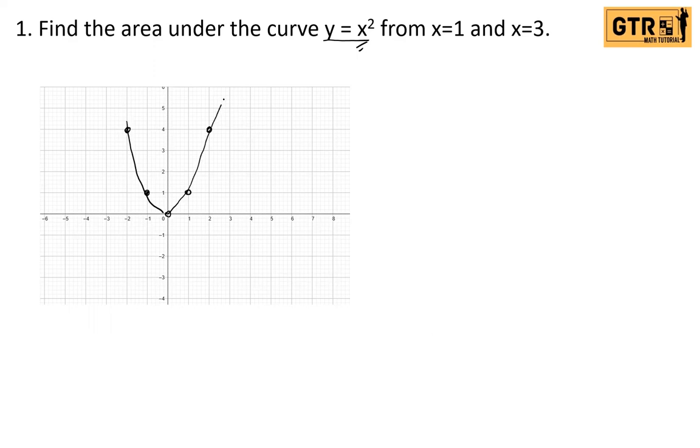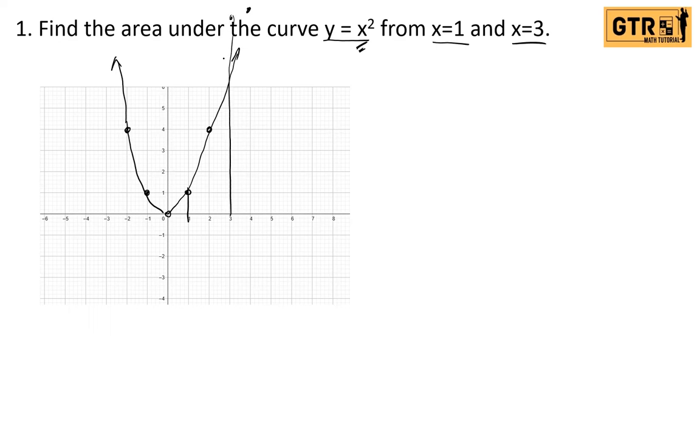Okay? So we just trace it by a smooth curve. This is the graph of y equals x squared, but the boundaries are x equals 1 and x equals 3. When x equals 3, y is 3 squared, so that is 9. So we have here 5, 6, 7, 8, 9, around here, and then 4, 3.